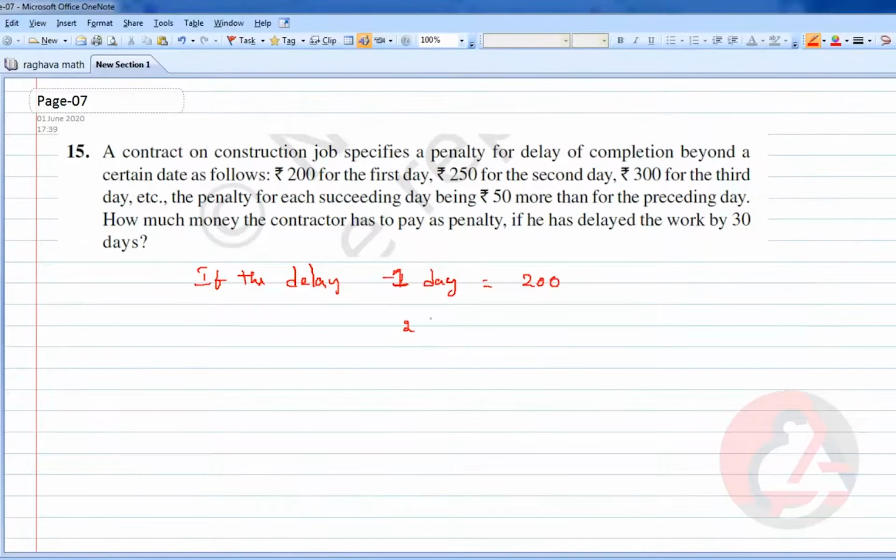If the delay is 2 days, the penalty is 250 rupees. If the delay is 3 days, the penalty is 300 rupees. That means the penalties differ by 50 rupees for each additional day.